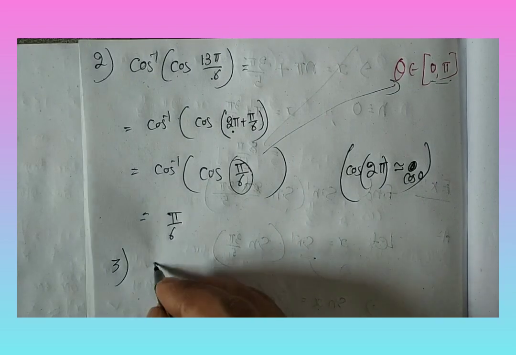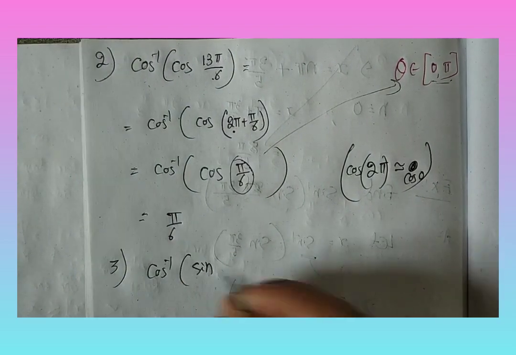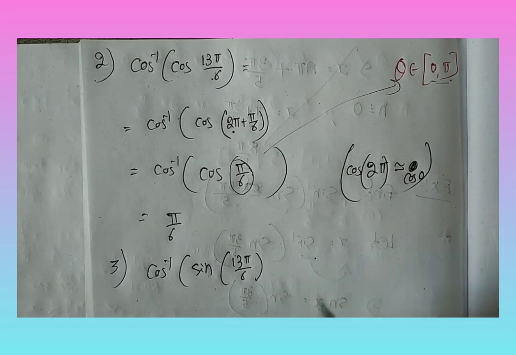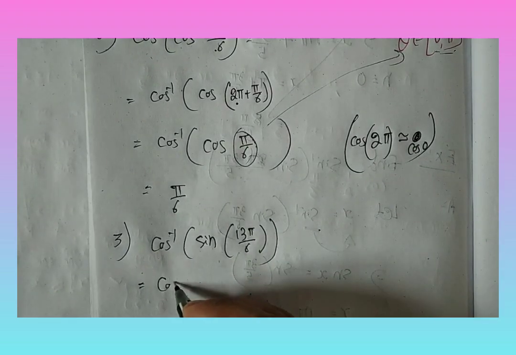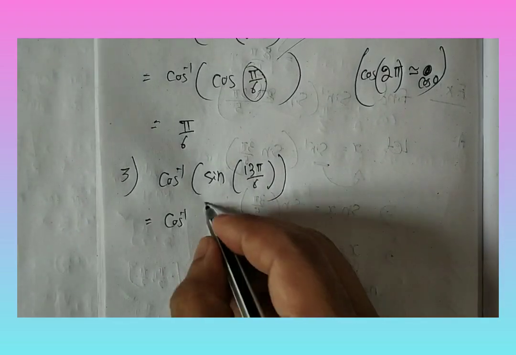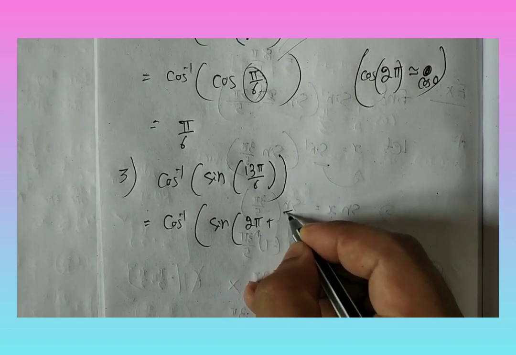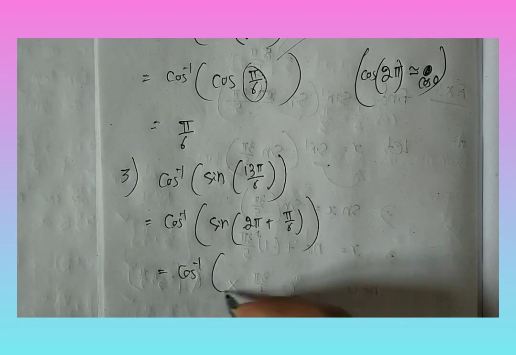Similarly, next question: cos inverse sin 13 pi by 6. First step: cos inverse sin of (2 pi plus pi by 6), and 2 pi is nearly equal to 0.